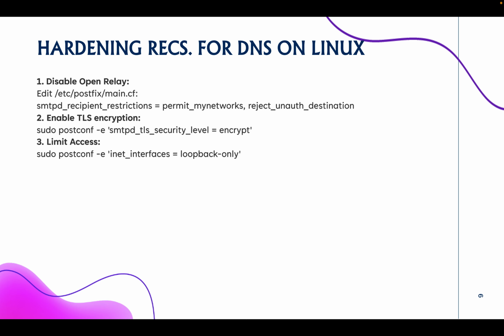We would do that with the sudo postconf command, encrypt. And then for the third hardening recommendation, we would just limit access. For that, we would do sudo postconf and then set the interfaces to loopback only.